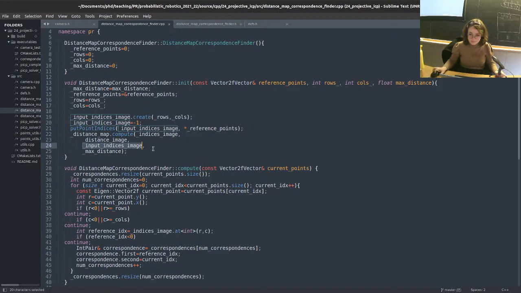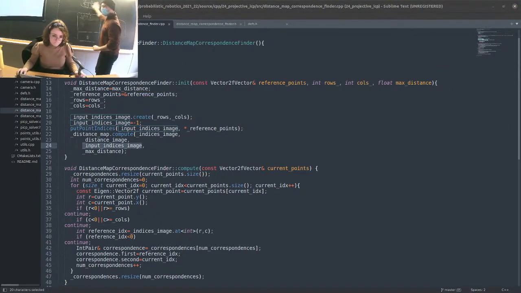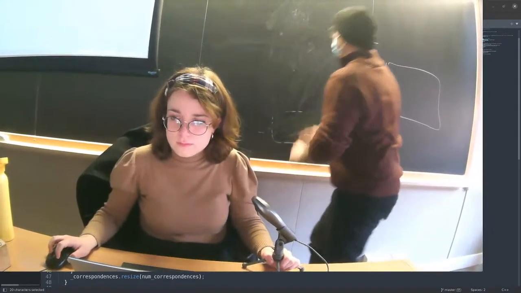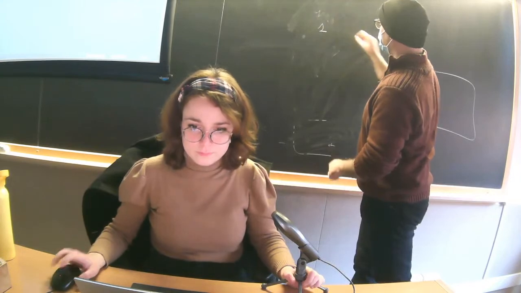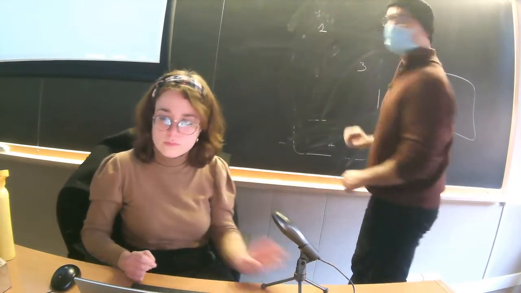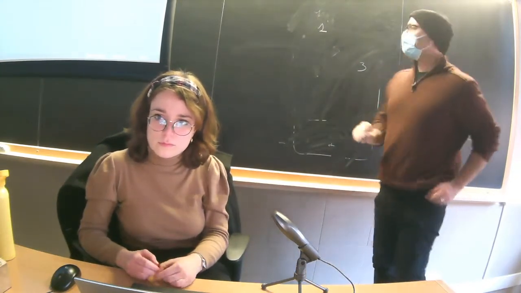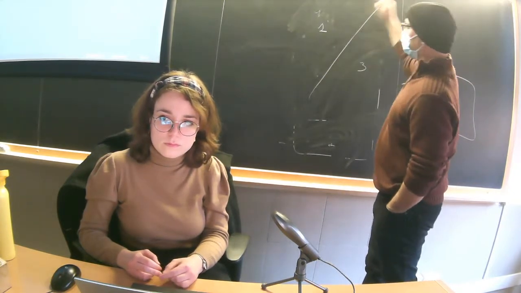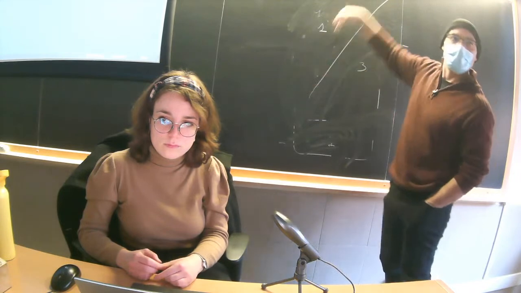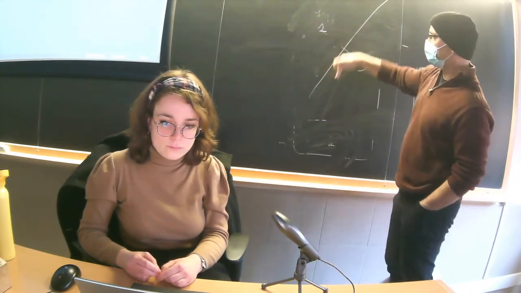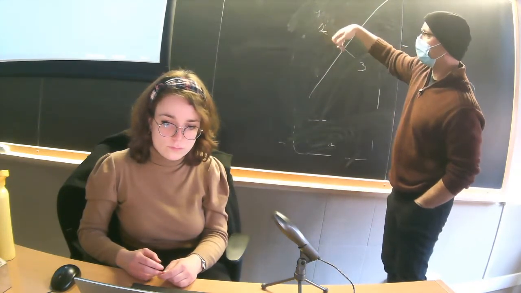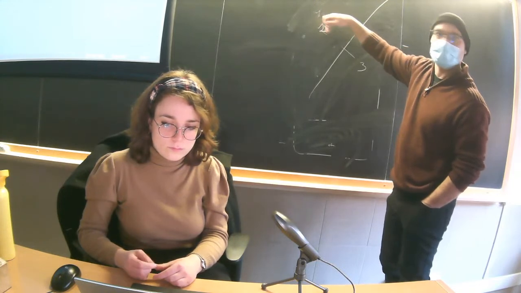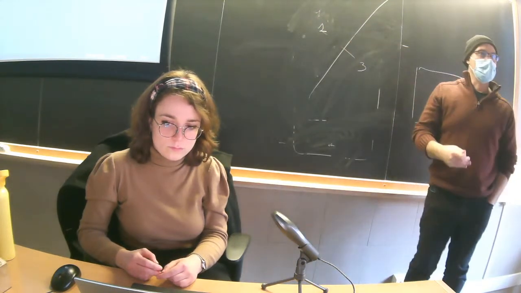Okay. Maybe, let's imagine that this is my structure. I have a point which is named 1 here, and a point which is named 3 here, right? Let's imagine that. Then I proceed with the expansion of the distance map, and what I expect is that there will be a line, orthogonal to this point, where from this side of the line, all the points will be closer to 1, and from this side of the line, all the points will be closer to 3.